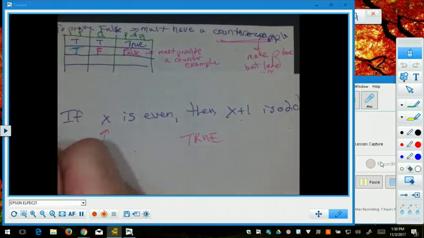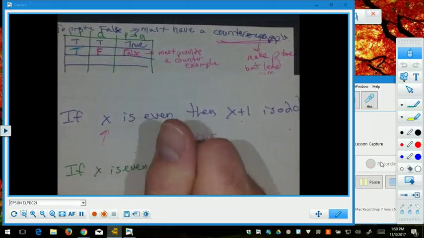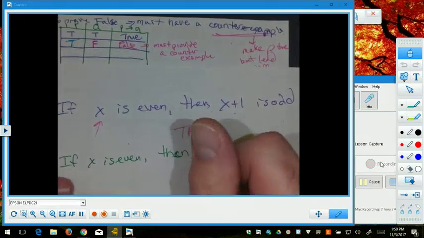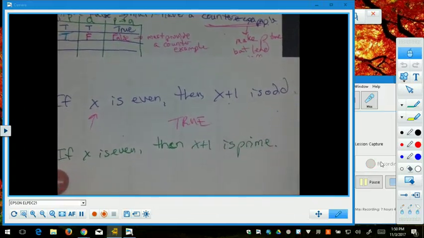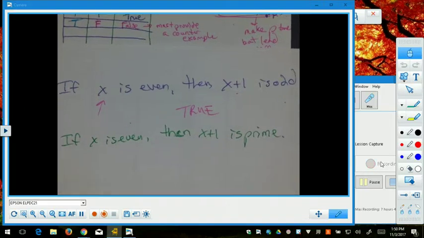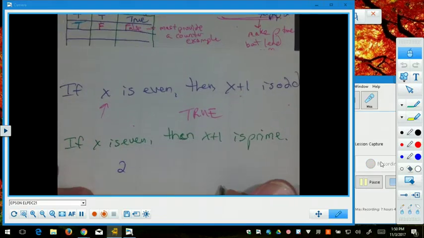Then I say, if x is even, you don't have to write this down, but it's just to make sure you understand the table, then x plus 1 is prime. Well, it might be true. Let's see. We have even numbers like 2.